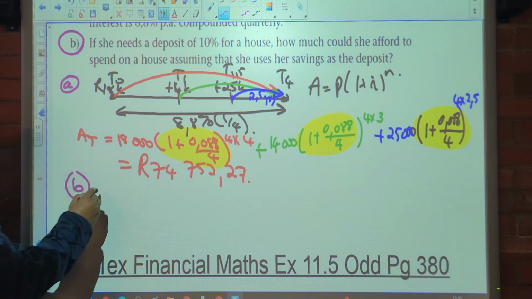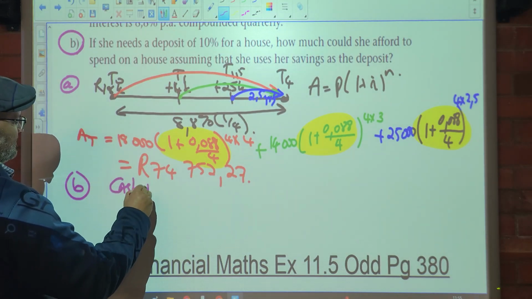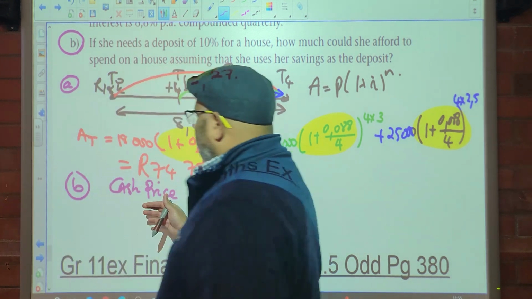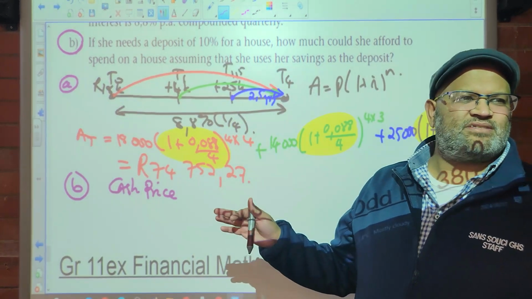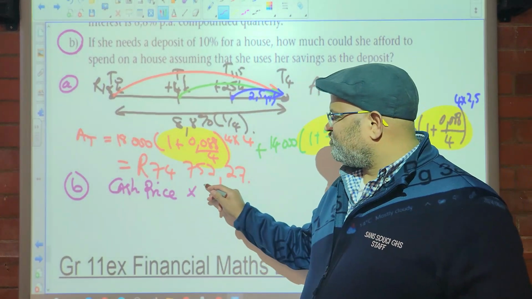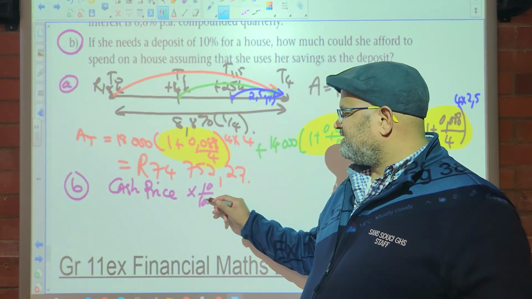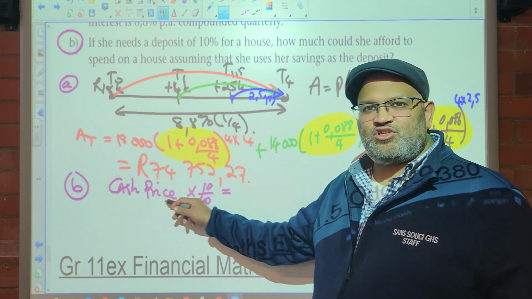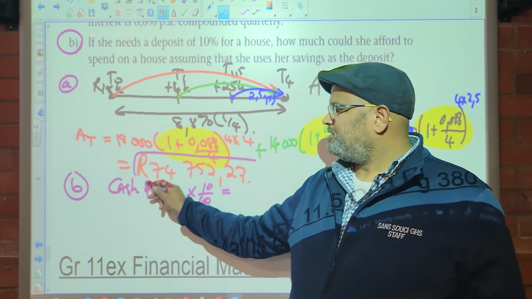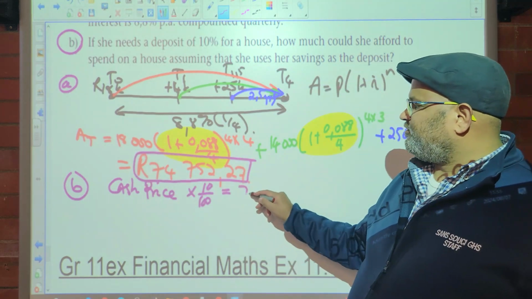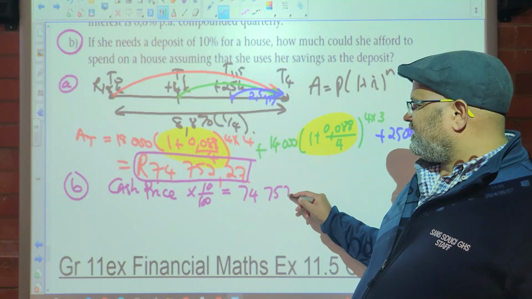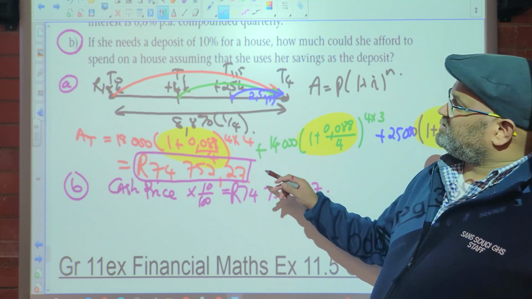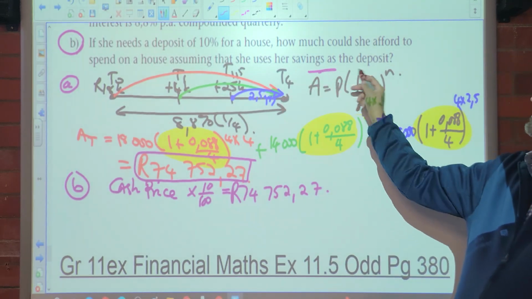So we need to work out the cash price, not so? The deposit is 10% of that cash price, so you multiply the cash price by 10 over 100. And what deposit does she actually have? 74,752 Rand and 27 cents, as she will be using the savings as a deposit.